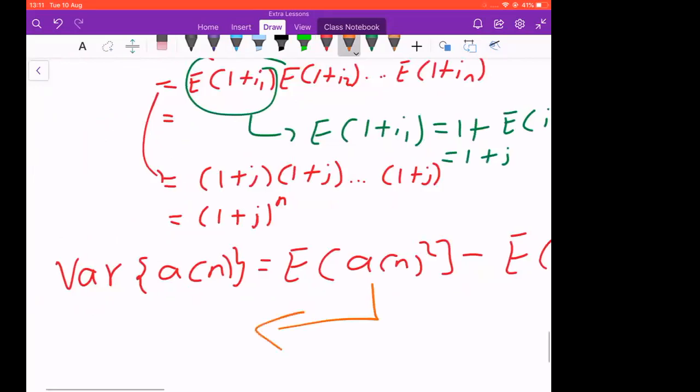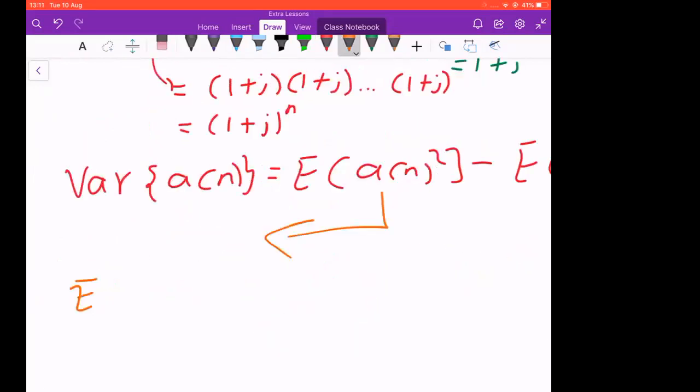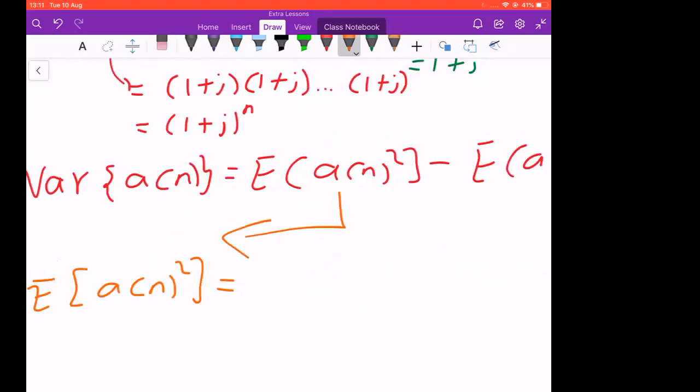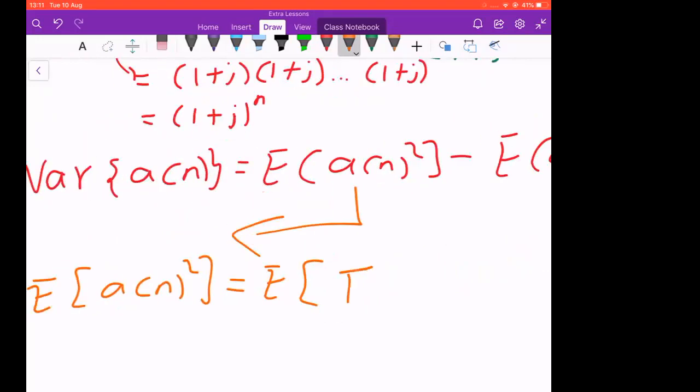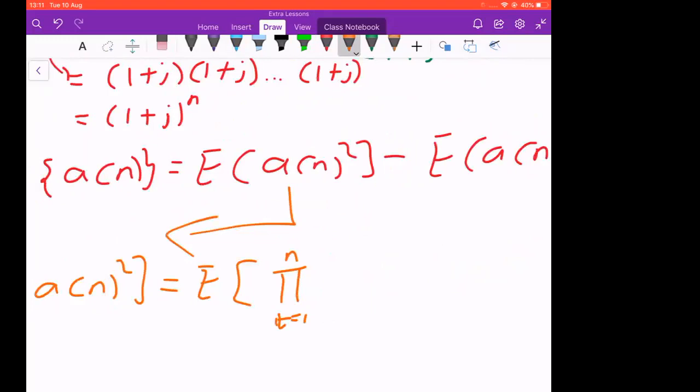So you can say the expectation of a_n squared is going to be equal to what? You already know that a_n is the product from time 1 up until time n of 1 plus i_t, squared, because you have squared this thing over here.